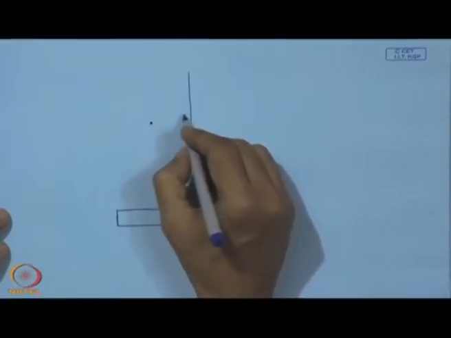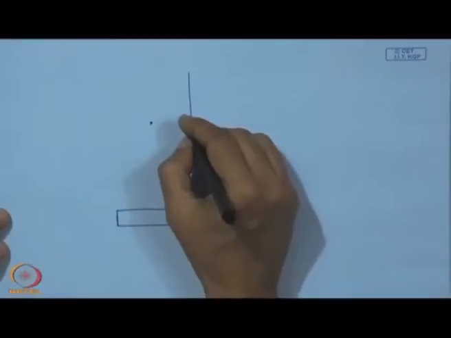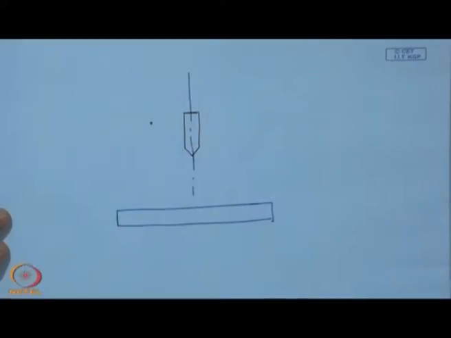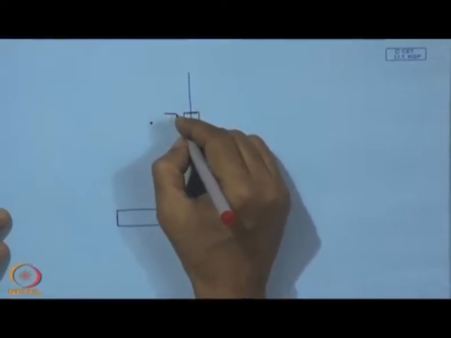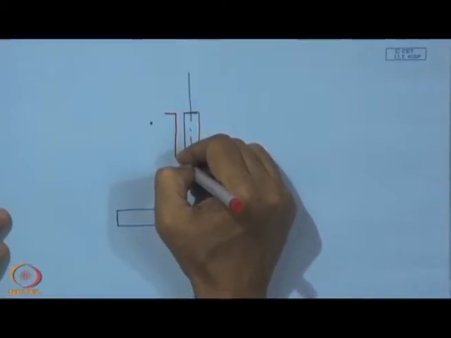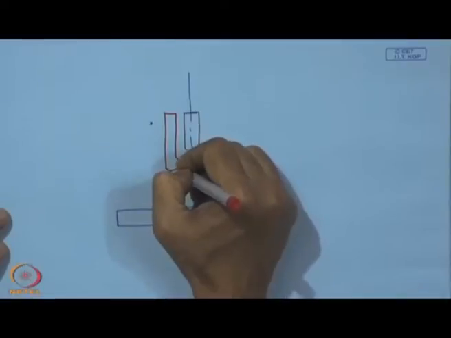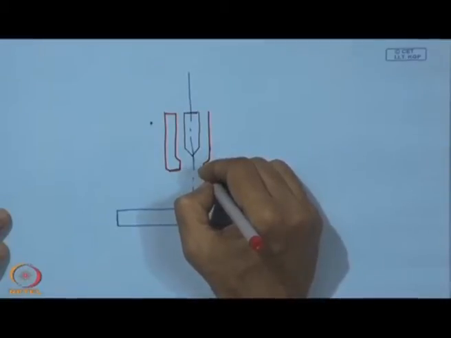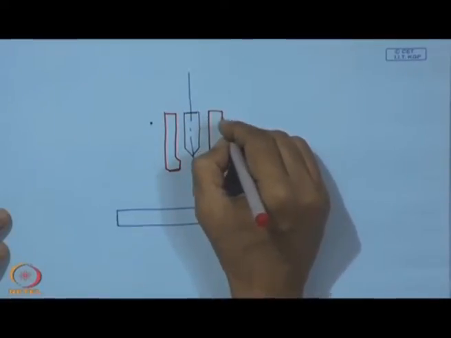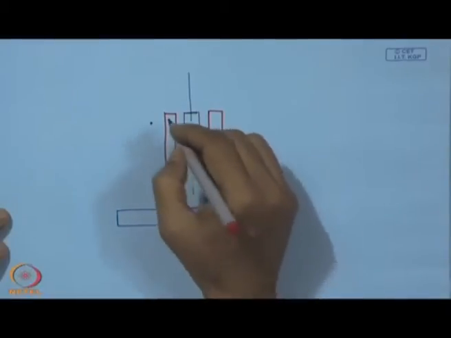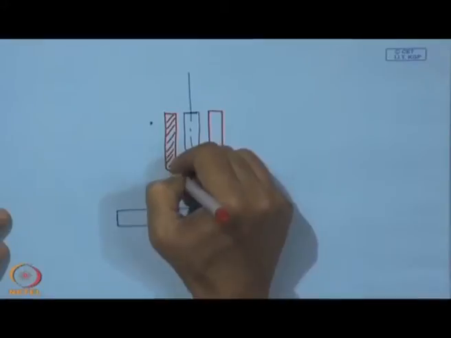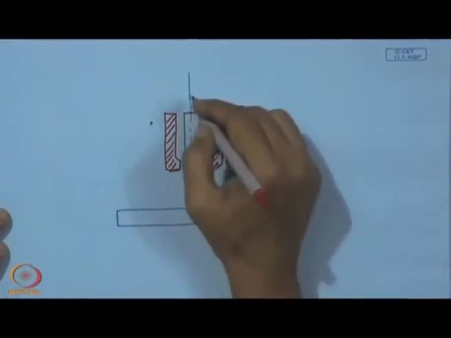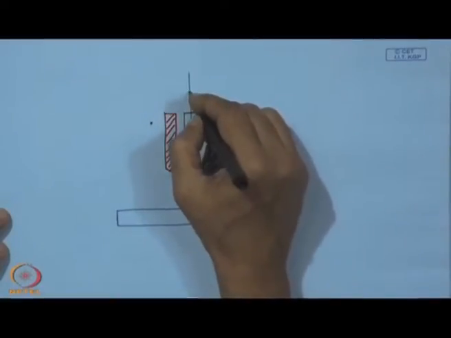So, the thing will be like this. We have the central cathode, and then we have the nozzle, and in this case we have this connection.